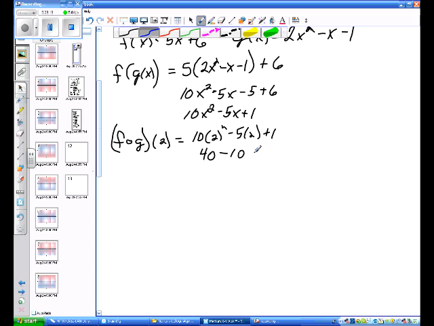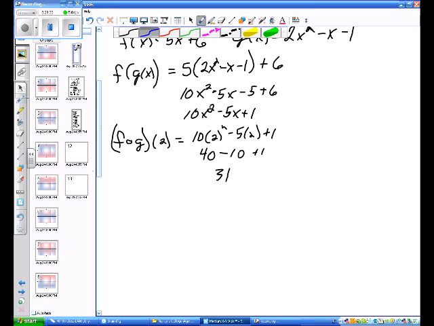So 2 squared would be 4, times 10 would be 40, minus 10 plus 1 would be 30, plus 1, 31. So we can evaluate our composition of our function.